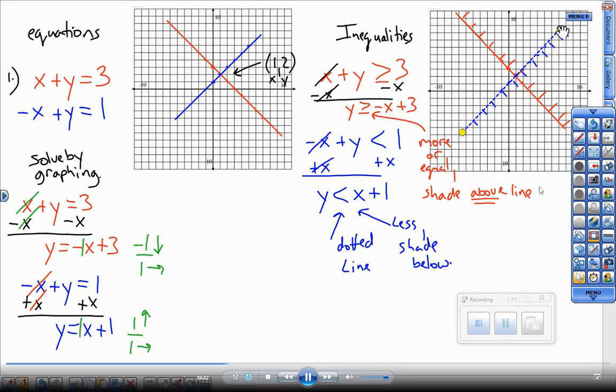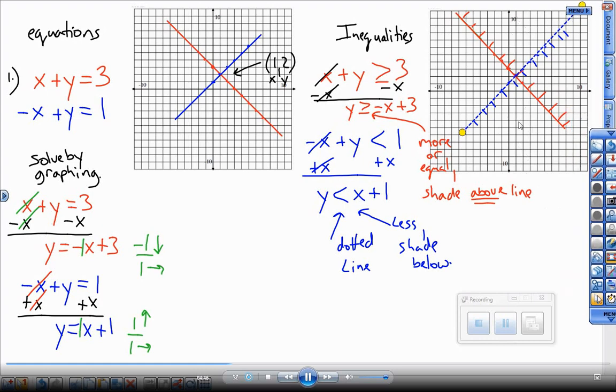Now for this, you need to see that there are 4 parts of this graph. You need to find the 1/4 of the graph that has both shading zones overlap. I could see there's nothing here. This is going up, this is going down, nothing overlaps. This section is not it, because this is going up, but this is going down. No overlapping. Over here, same thing, going down, but this is going up.